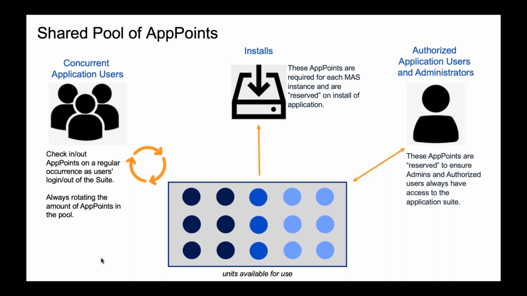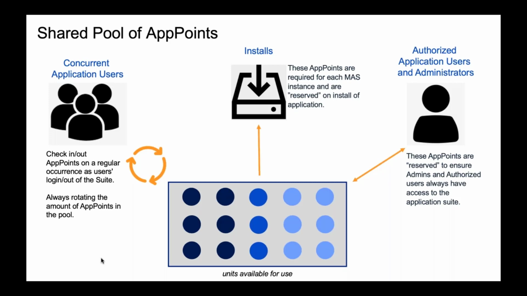Then we have the installs. I talked about the installs for spatial or ERP adapters. So let's say you have a connector to SAP. Those are 80 app points. As soon as you activate your MAS instance, those 80 app points are removed from this pool, basically reserved.